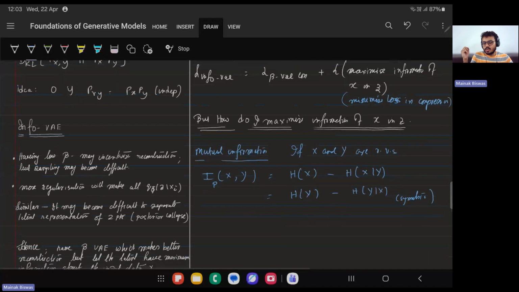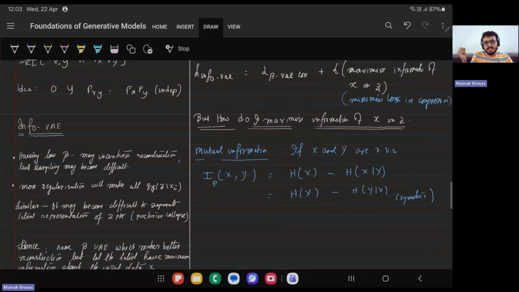So you can equate these two, and you could show why it is symmetric.